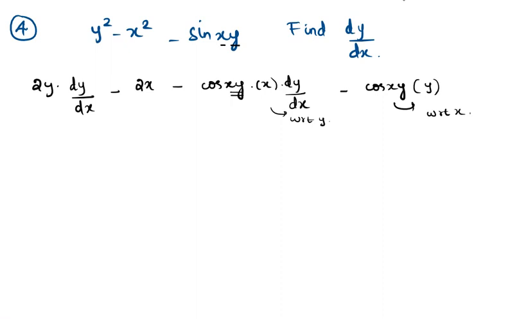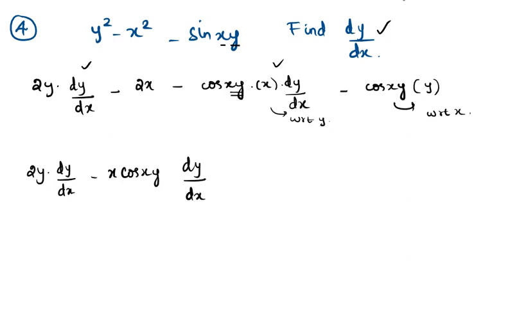Okay. Now our aim is to find dy by dx. So we are going to write these two terms separately. So it will become 2y dy by dx minus cos xy. Here x is there, no? So keep it here: x cos xy dy by dx.